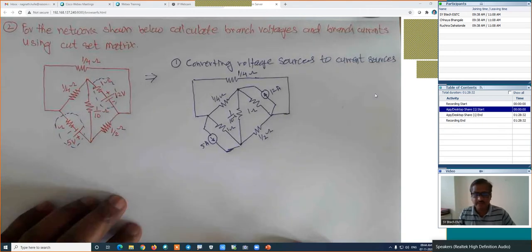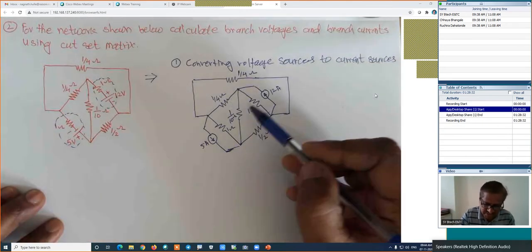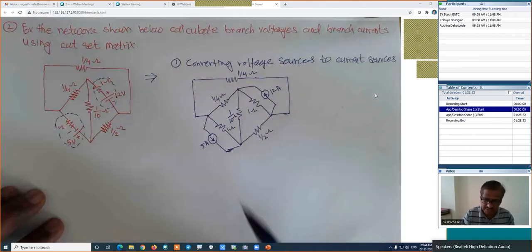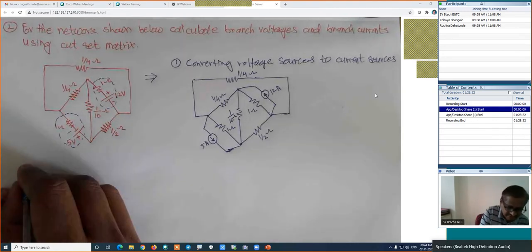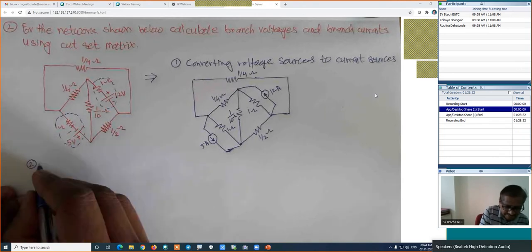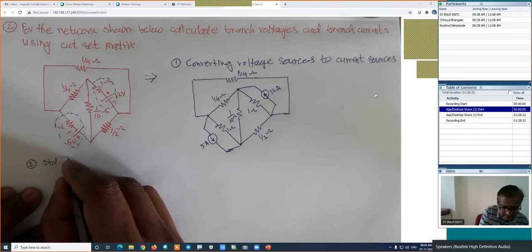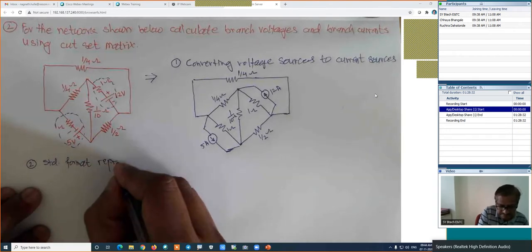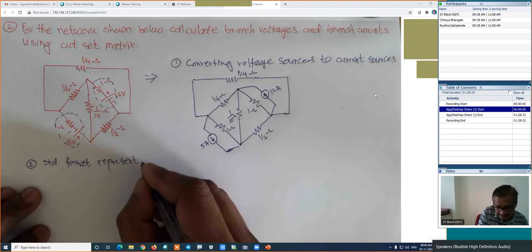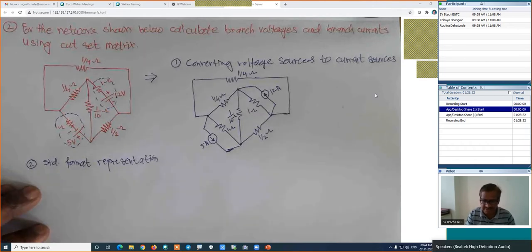Now I will convert all these resistances into the conductances, or all these impedances into the admittances, and we will represent this figure in standard format.